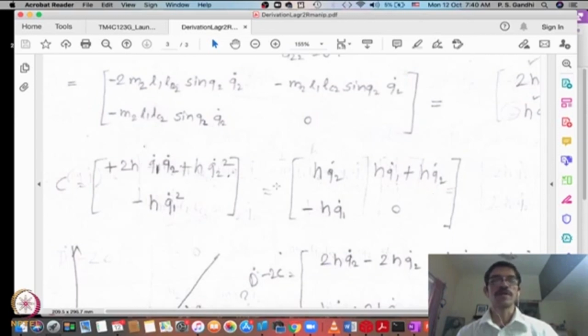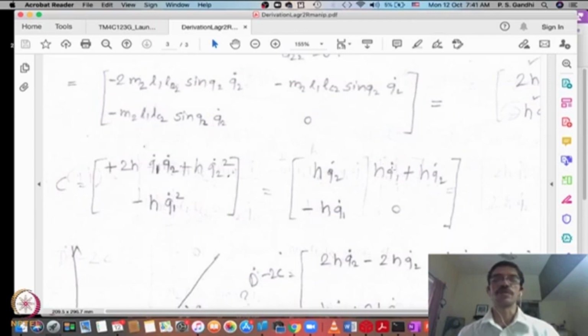What I have done is that this term is going to multiply in the first row by Q1 dot. So this H Q1 dot Q2 dot times Q1 dot, plus H Q1 dot square, and H Q1 dot, this is the second term of the matrix.